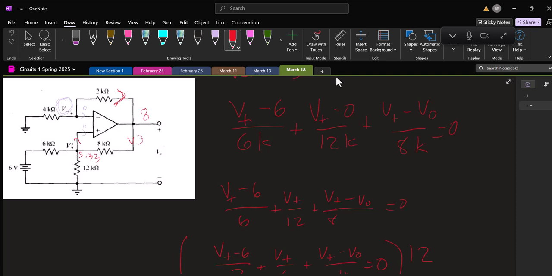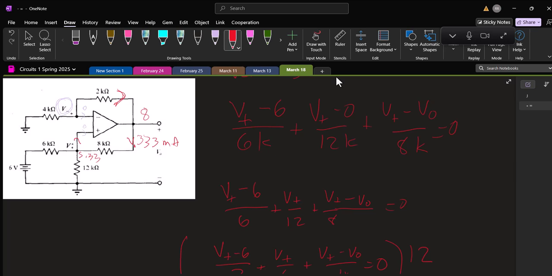Eight minus 5.33333 divided by 8,000. No, it'd be 0.33 milliamps. So 0.333 milliamps.